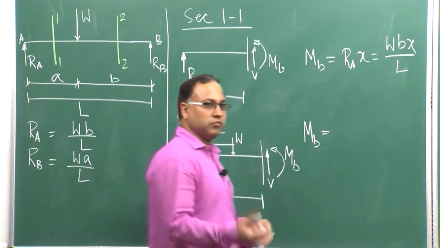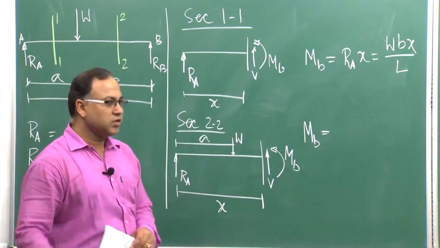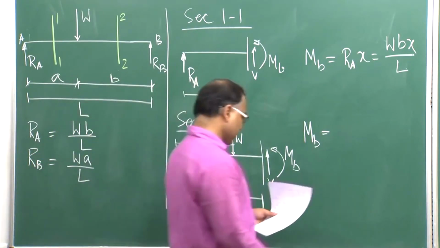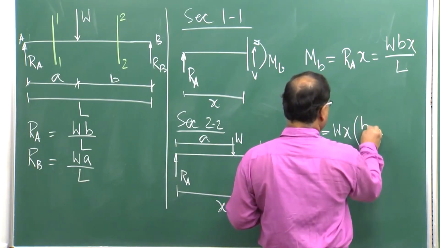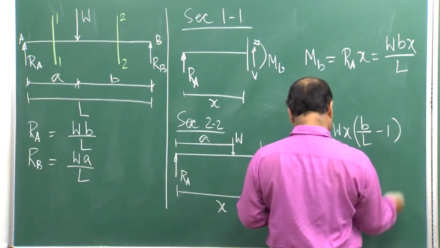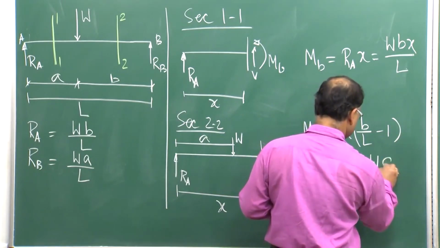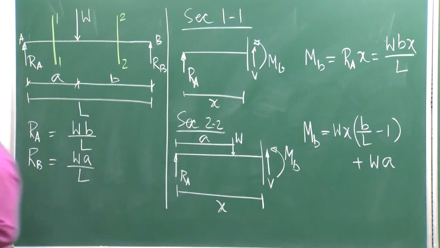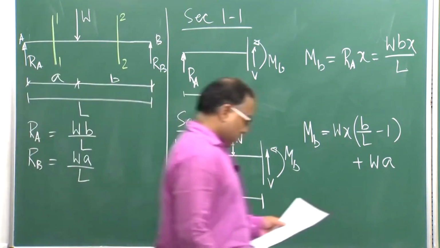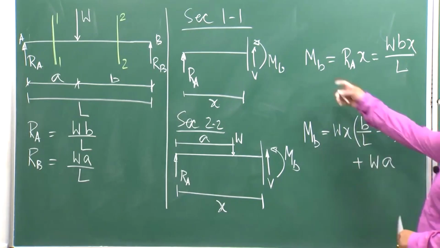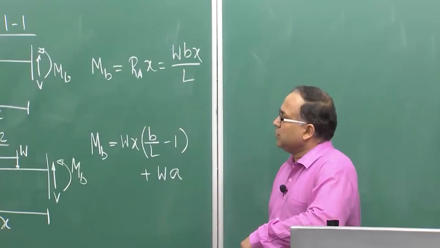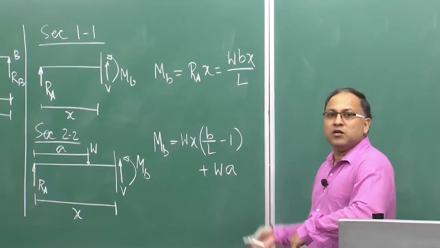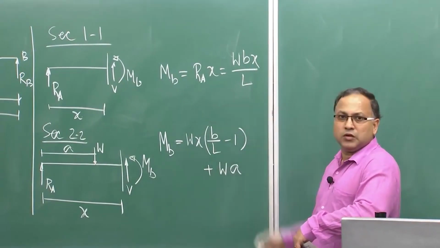I am not going through the stepwise calculations, as you know how to find MB. So, MB will be coming as W x b by L minus 1 plus W a. So, I have got MB for section 1-1 and MB for section 2-2, and both equations are defining the total variation of bending moment over the whole beam.